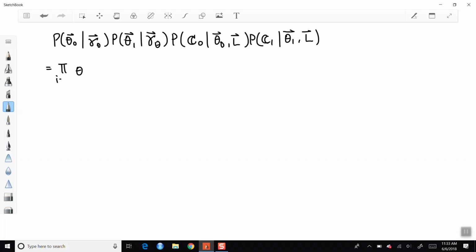So it's going to be from i equals 1 to V of theta 0,i raised to the NC0,i plus gamma theta i minus 1, and also theta 1,i raised to the NC1,i plus gamma theta i minus 1.